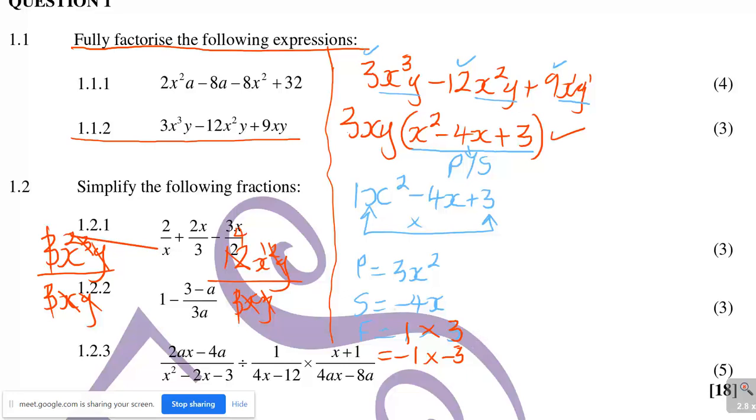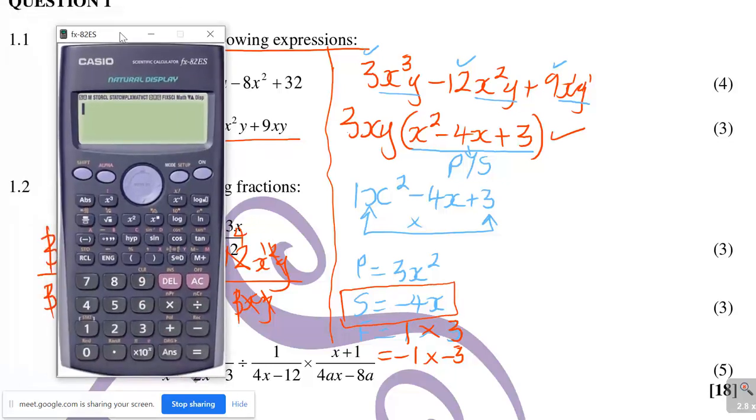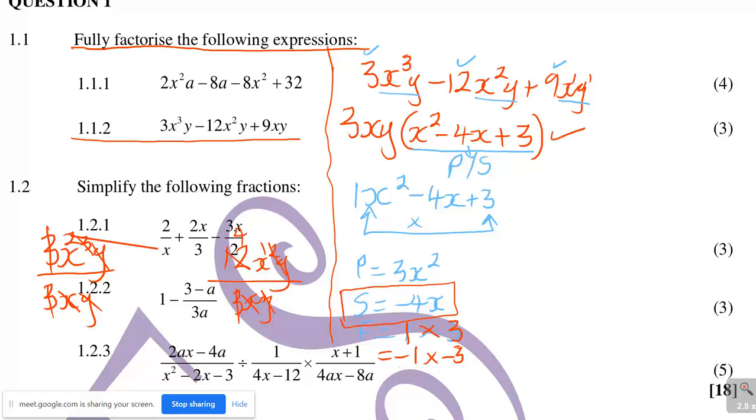Now, my decider is always the what? This is the decider, the sum. Yes. Because I need to add these two numbers to get a negative. So obviously you can see that I cannot add 1 plus 3 to get a negative 4. It means it's negative 1 plus negative 3. That can only give me the negative 4. So this will be my factor. So my factors here will be negative 1x, remember, and negative 3x.